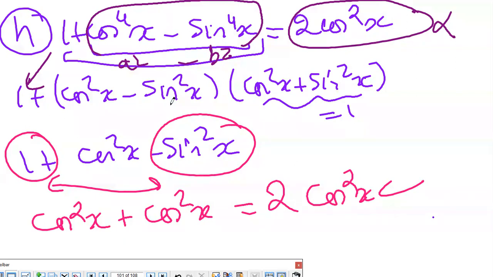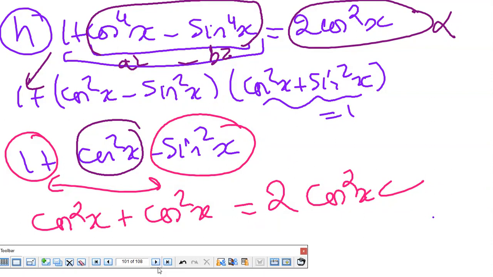What is cosine squared plus sine squared? It's 1, and then I will have 1 plus cosine squared minus sine squared. This is cosine squared. I need to keep it because I want the answer to be cosine squared. What is 1 minus sine squared? It's cosine squared. What is cosine squared plus cosine squared? It's 2 cosine squared.